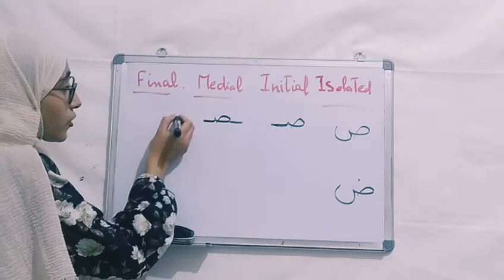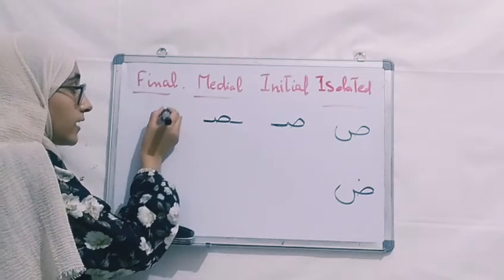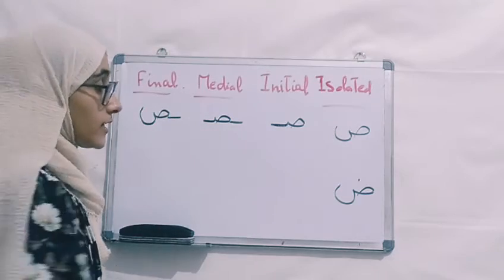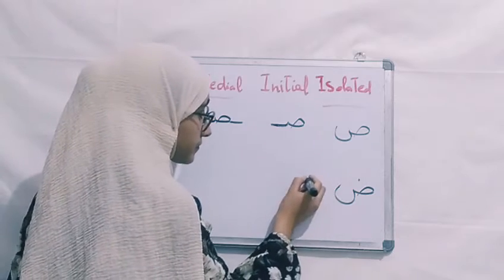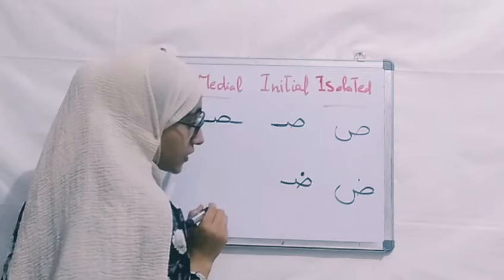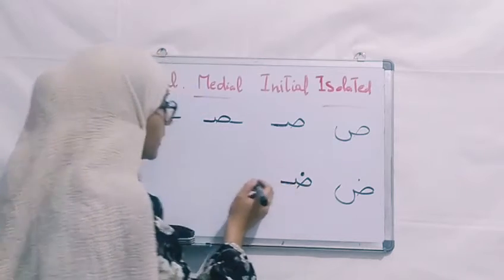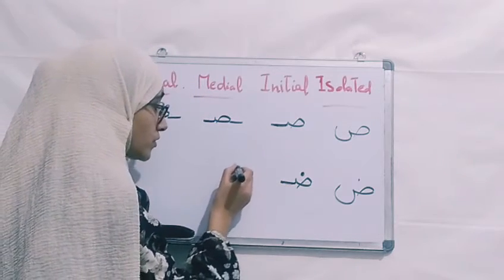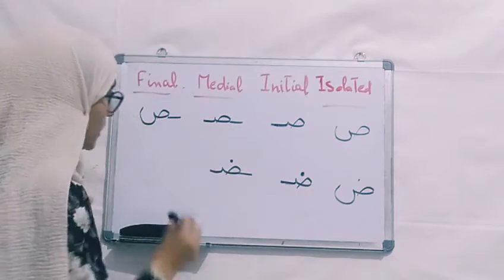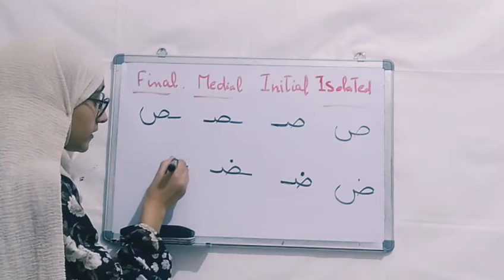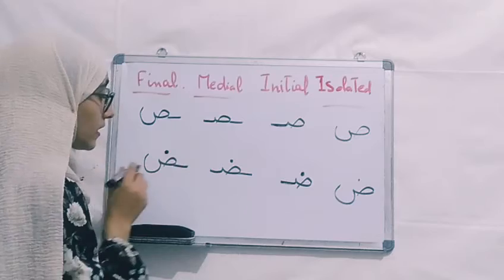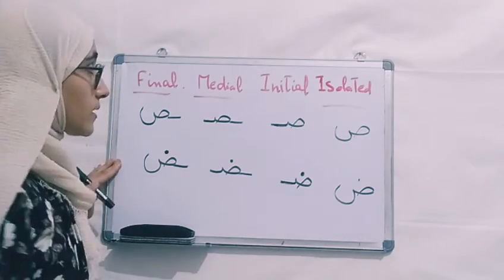In the final form, you keep the connecting line and write sad as in the isolated form. Same in dad, but you put 1 dot on top of it. The middle form is also the same way, and then the final form.